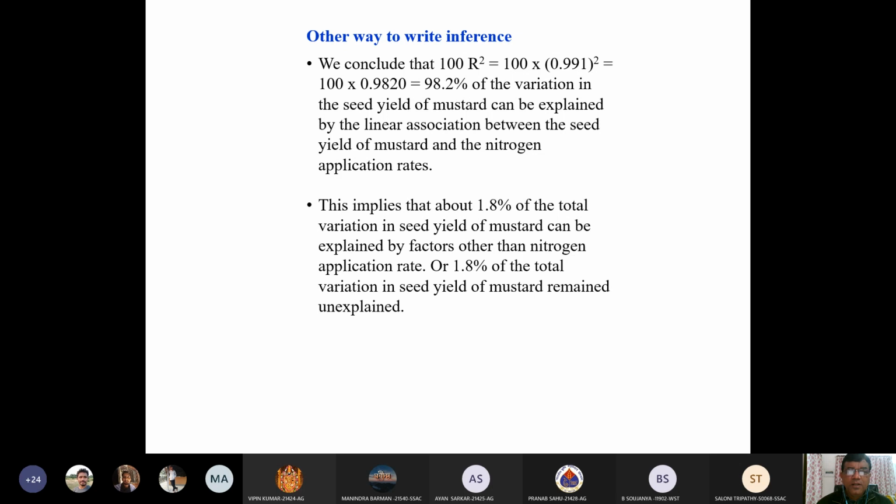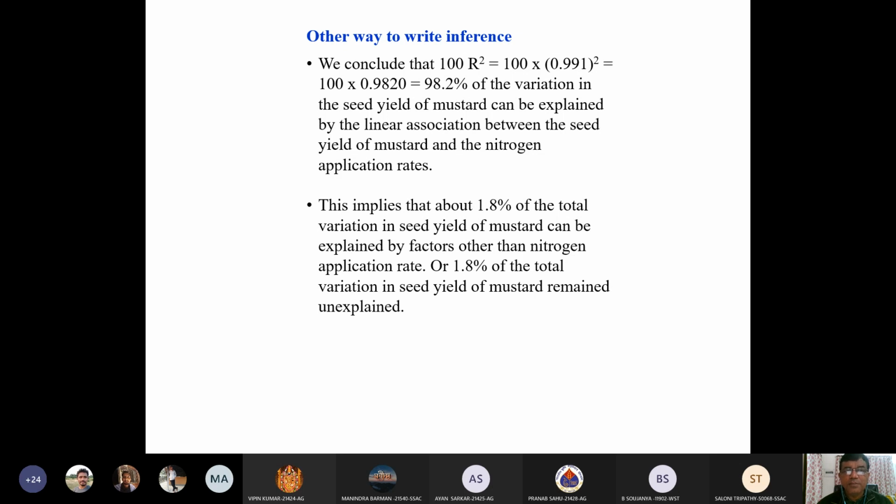The other way could be, this implies that about 1.8, 100 minus 98.2 is equal to 1.8. So 1.8% of the total variation in seed yield of mustard can be explained by factors other than nitrogen. It means nitrogen is responsible for 98.2% because here there were two variables. One was nitrogen, which was the independent variable, and the other was yield.